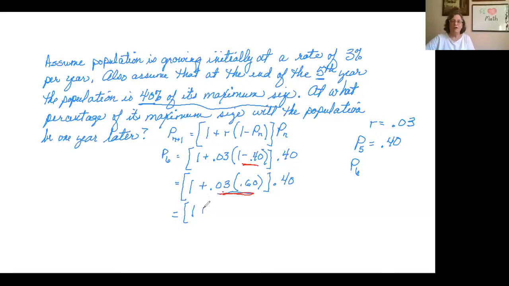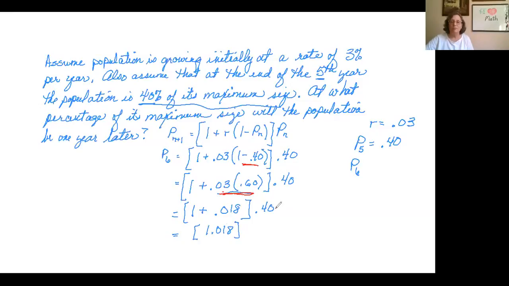So we've got 1 plus 0.018. Of course, 1 plus 0.018 is going to be 1.018.